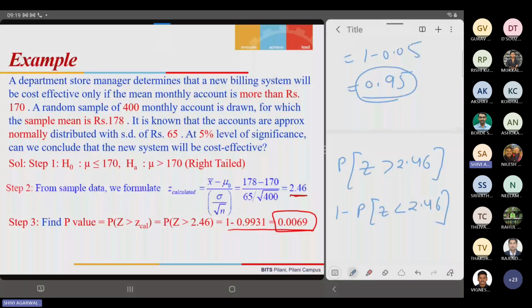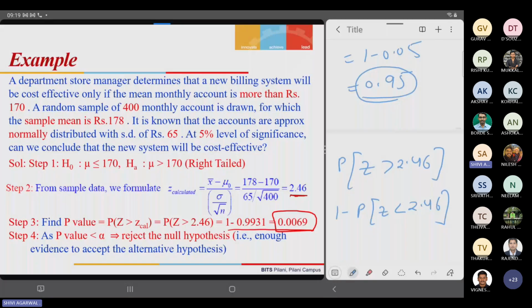It is a very small value. We reject H naught. One thing. Second thing is we can compare with alpha. Alpha is 0.05. The p-value is less than alpha. So we are rejecting the null hypothesis. Got it? Any query? Any doubt?